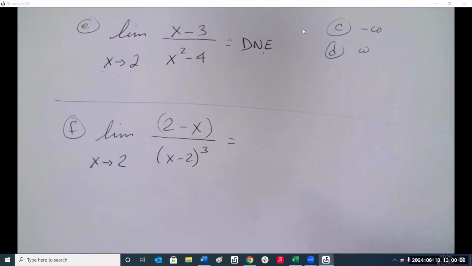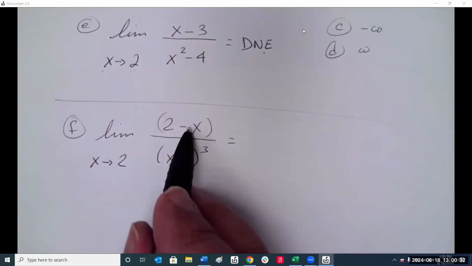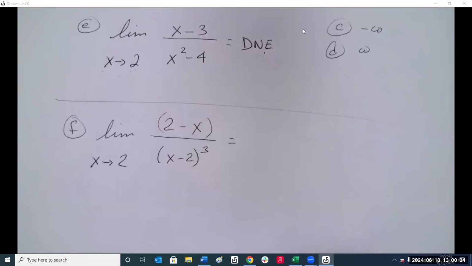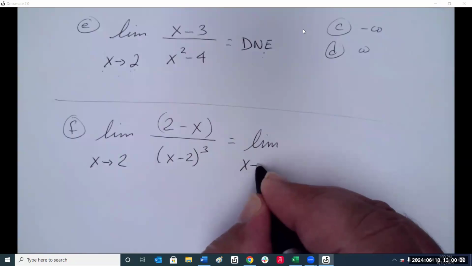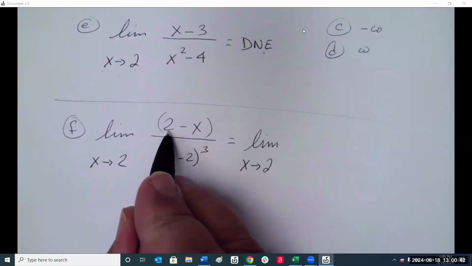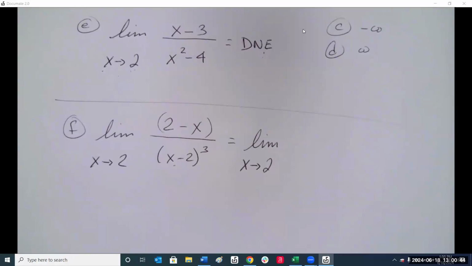How about this one? How can we make them look the same? How can we make the 2 minus x and x minus 2 the same?